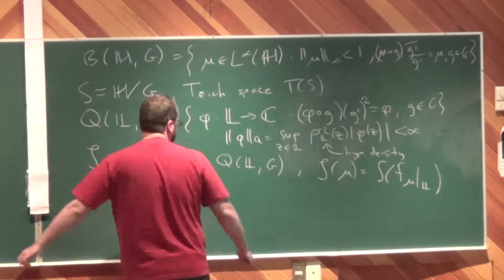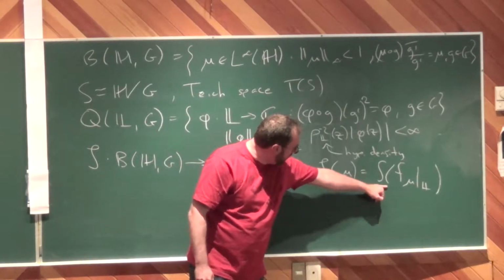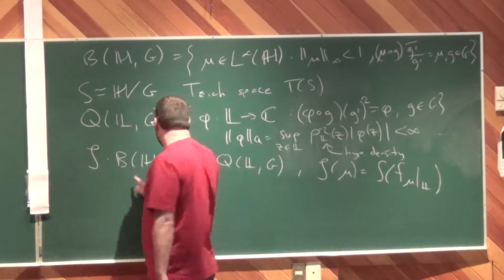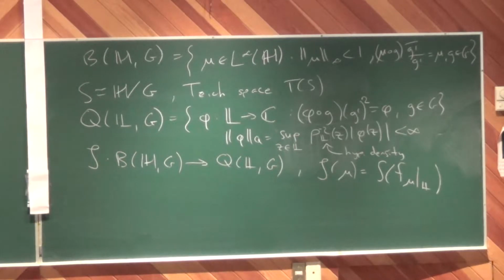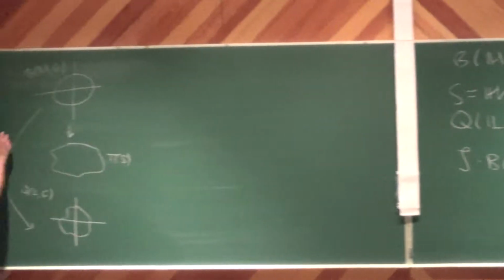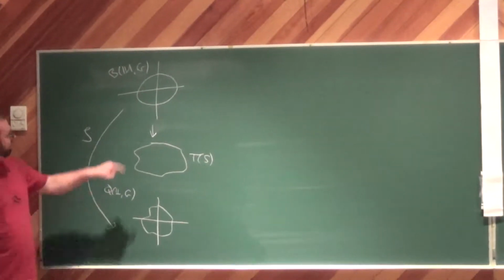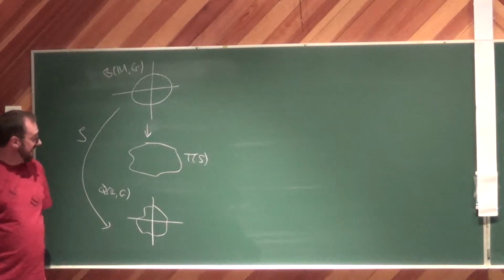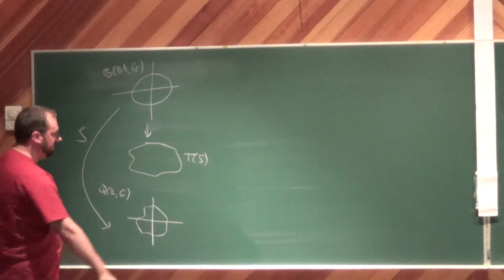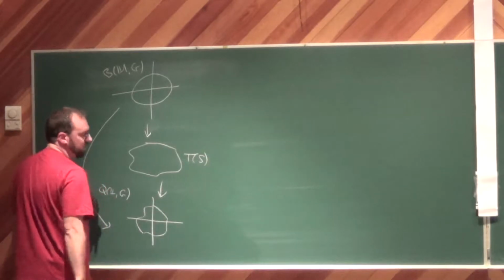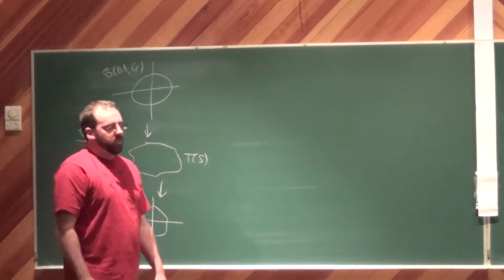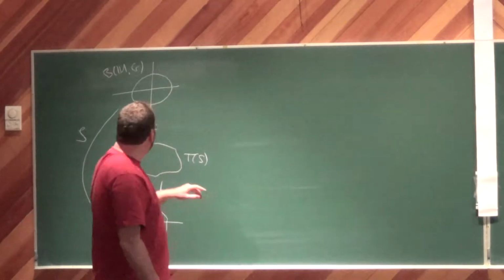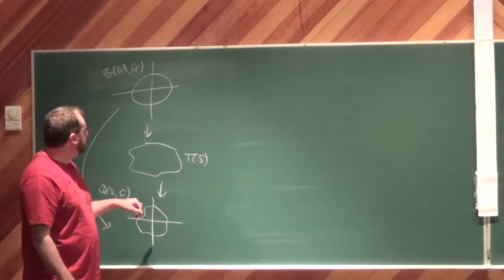And this is a 1-1 map from here onto here. So we get S going from up there to down there. And then this induces the Bers embedding. You said that's 1-to-1? That's 1-to-1 on Teichmüller space.